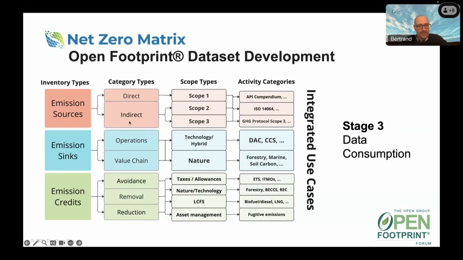Obviously there are various ways you break this down, and you get into the finer details for these various inventory types, whether it's technologies that are used within carbon capture and storage or nature-based solutions, and through to various credit schemes, whether it's LCFS, which stands for low carbon fuel standards, a type of carbon footprint analysis, or taxes and allowances and emission trading systems, and other market mechanisms.